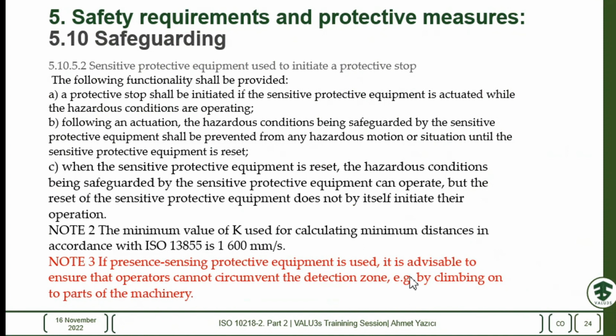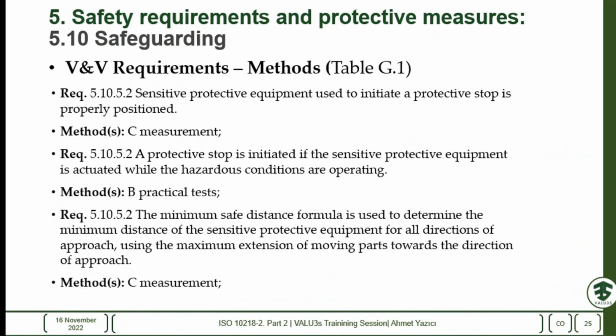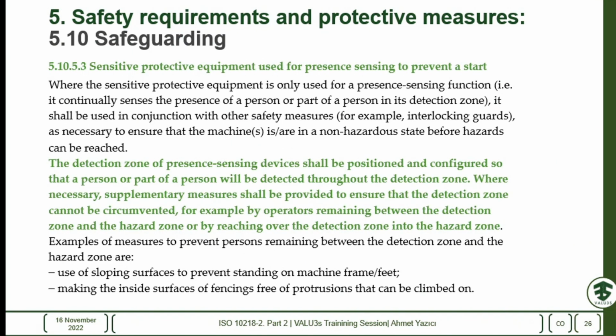There are many other details that I will skip. These are requirements related to this. For example, by measurement, the standard asks for minimum safe distance formulas to determine the minimum distance of the sensitive protective equipment for all directions of approach, using the maximum extension of moving parts towards the direction of approach. There are many requirements about that.